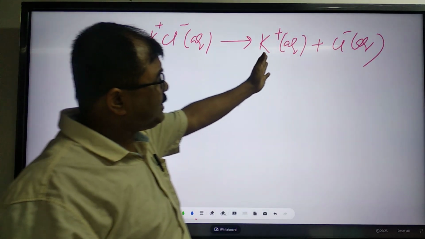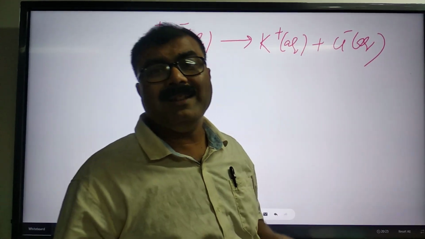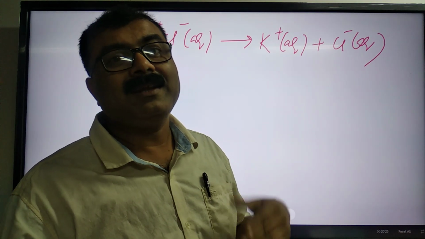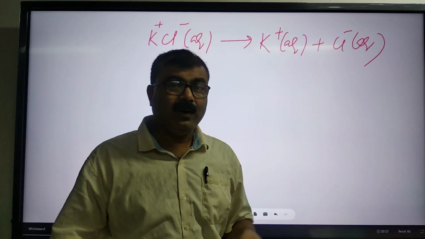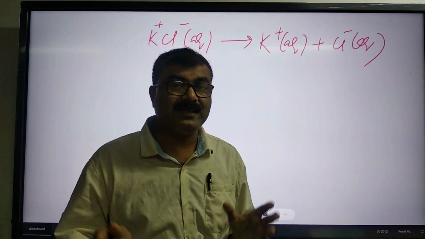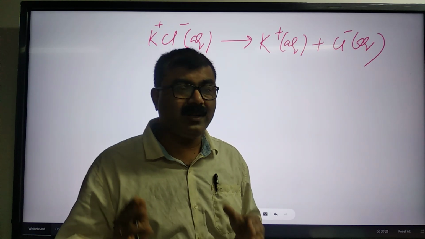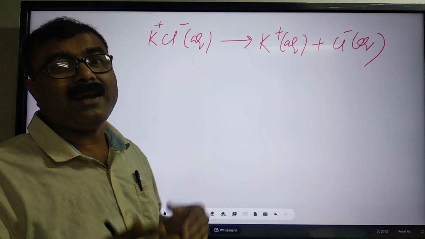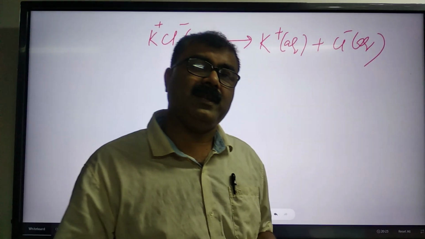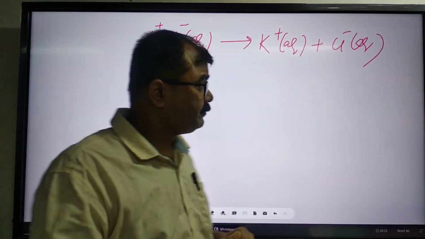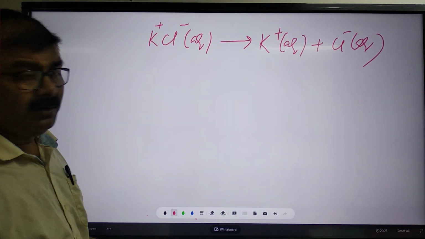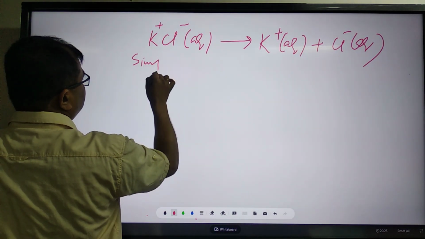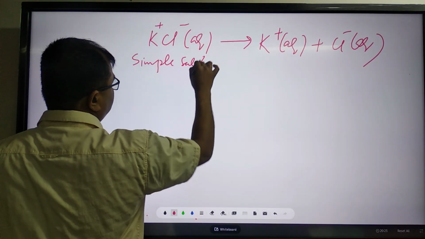And this can be very well detected by simple chemical test that in class 11 you carried out qualitative analysis, that is salt analysis. With the help of salt analysis we can very well identify the cation and anion present in a simple salt. Yes. Now this is a simple salt.